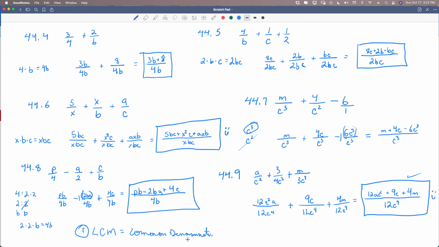Then you're going to multiply each fraction to get the common denominator.